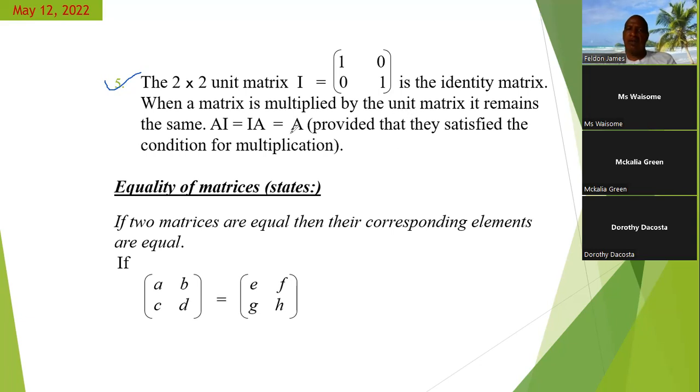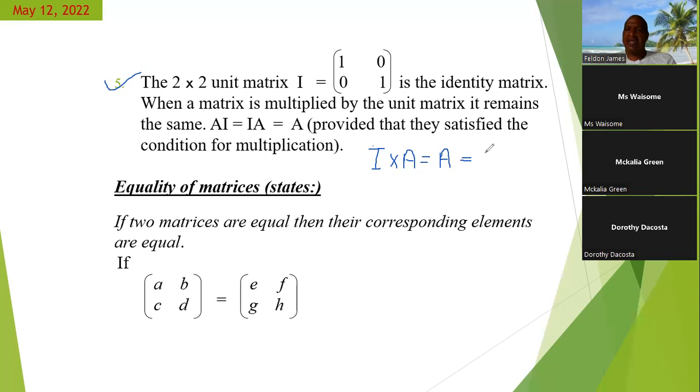All right, now, the property of an identity matrix is that if you use it to multiply any other matrix, you're going to get back the same matrix. So if you multiply the identity matrix, let's say I is the identity matrix, by another matrix, A, you will get back the matrix A. Now, you can also multiply the other way around.